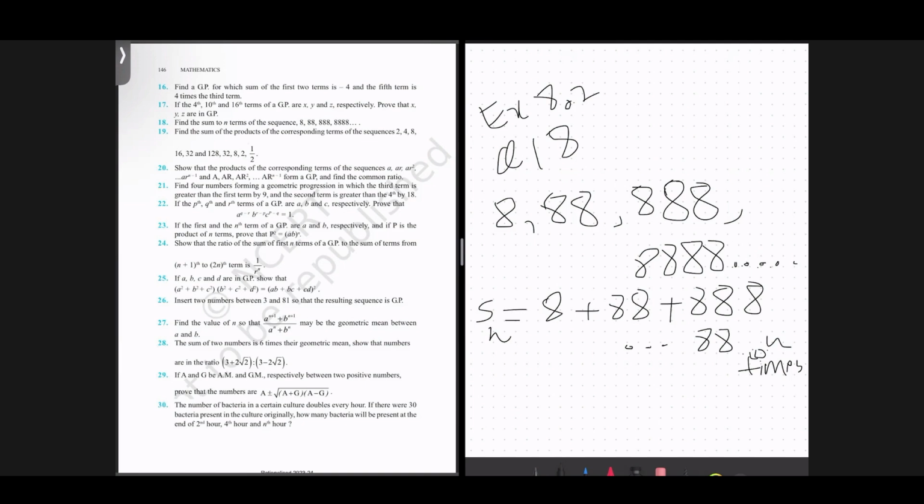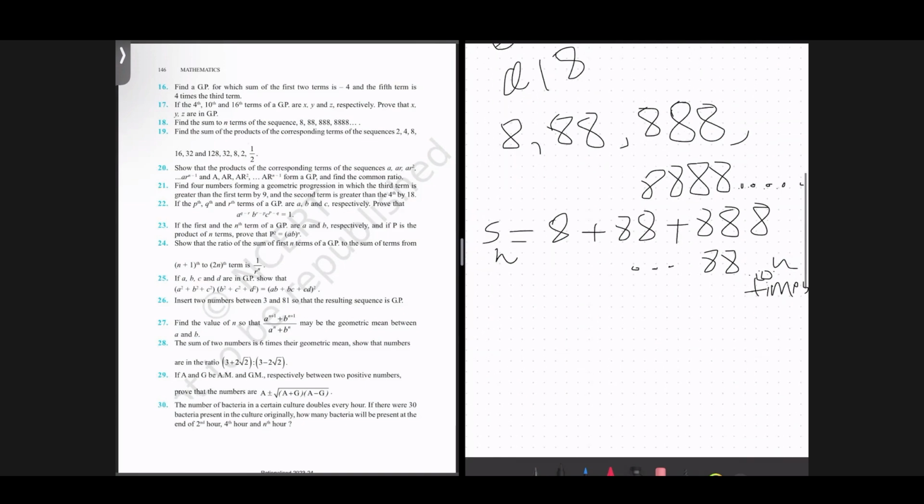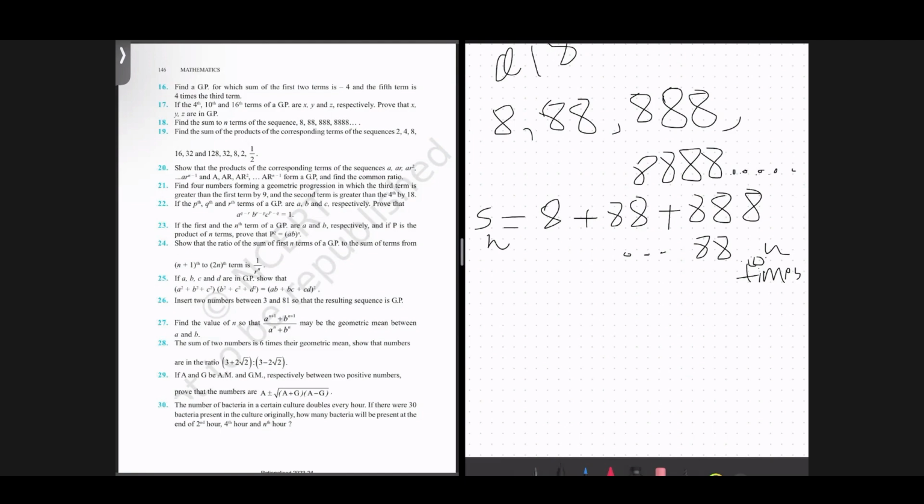So can I take out 8 common from all these terms, right? Let us see what happens when I do that. So can I write Sn as 8 taken out common? What I'm left with is 1 plus 11 plus 111, and going up till 11 n times, correct?